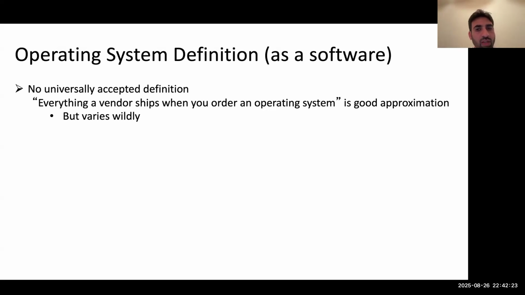So what does it mean? For example, if you have an Apple machine, let's say a MacBook, with your operating system you already have the web browser Safari, right? But is Safari, or any web browser, universally considered a part of the operating system? No, because there are operating systems which do not come with a browser application, right? So the definition can change from one vendor to the other.